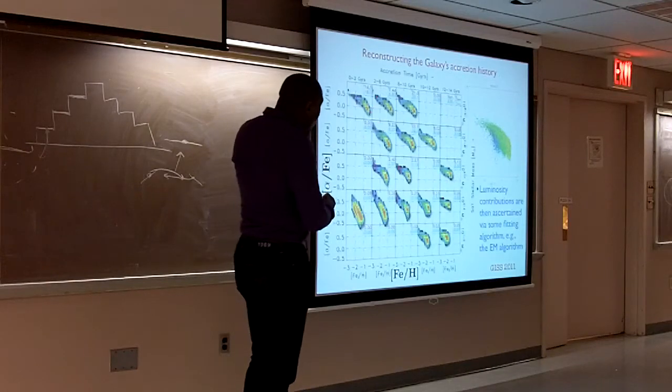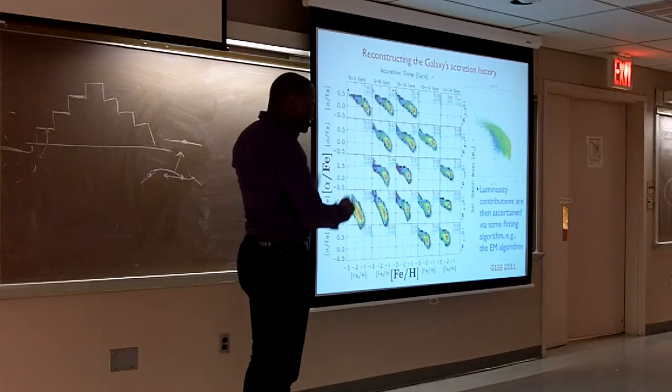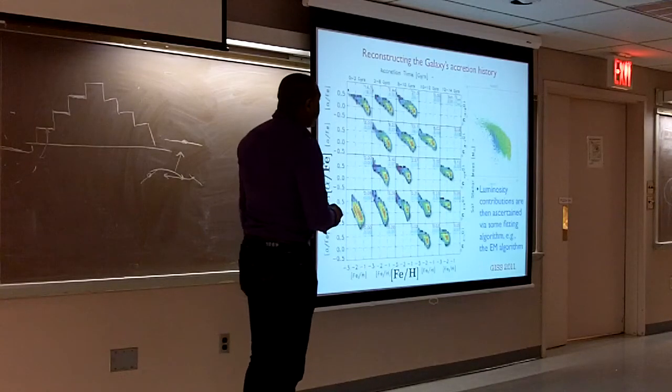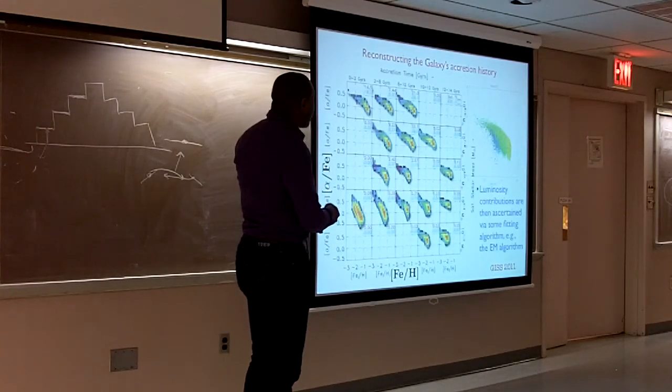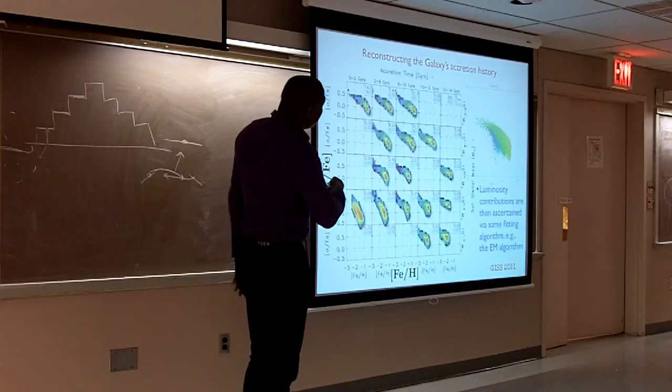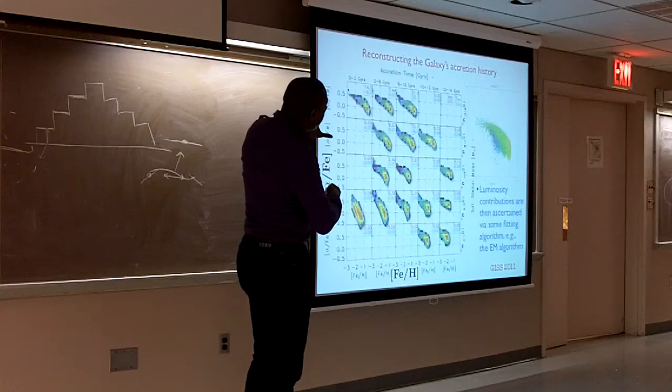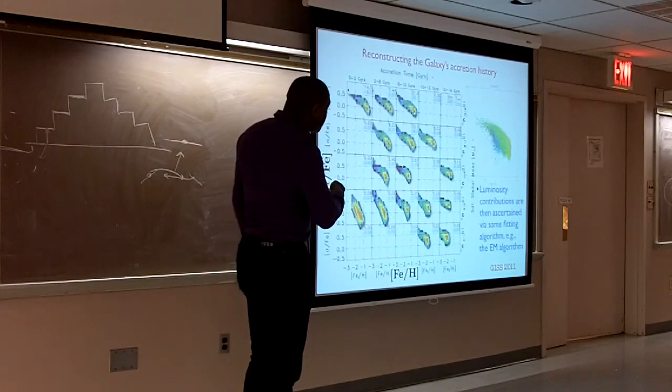And so that's very important. What we're looking for is that you put a certain master template in, you apply it some way to your actual data, and then it spits out what it believes is the best ratio for luminosity contribution from these different satellites.